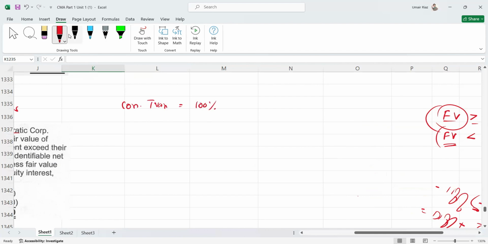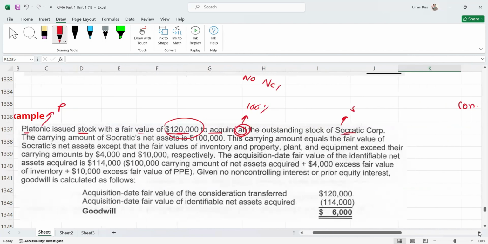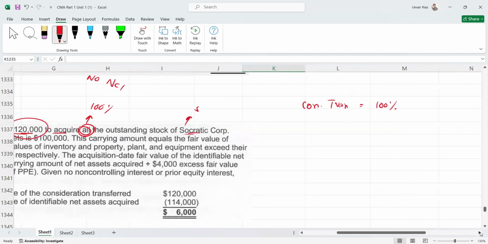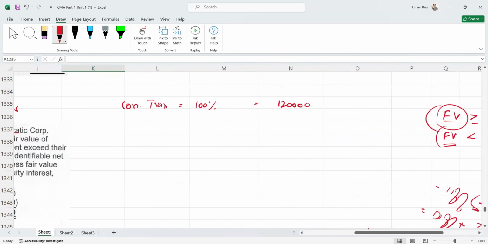Obviously, for 100%, we gave the stocks, and the fair value of the stocks is how much? 120,000. So we'll take 120,000. And now from there, the NCI figure would be zero because you acquired 100%. And now this total is 120,000.